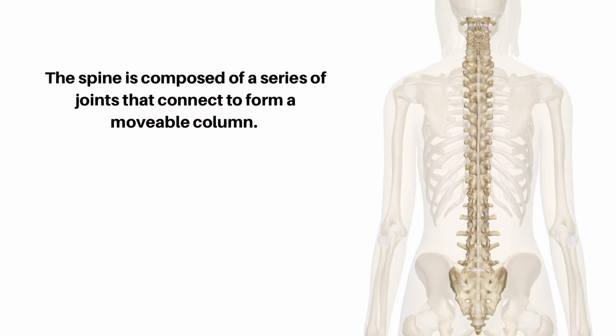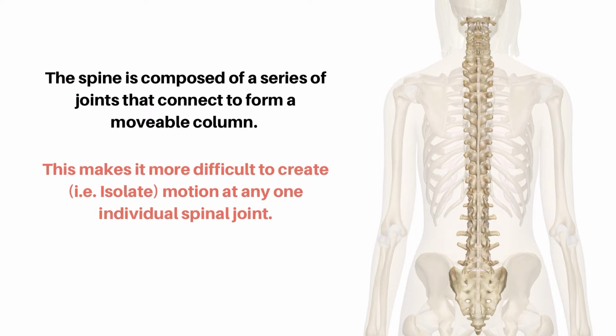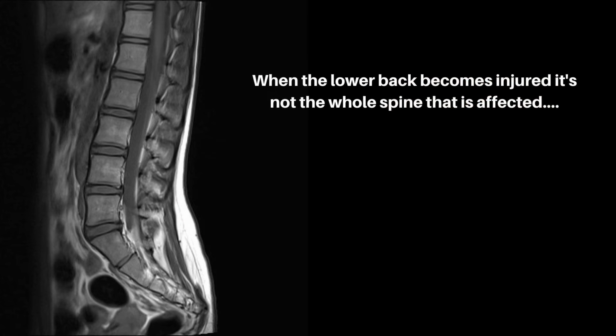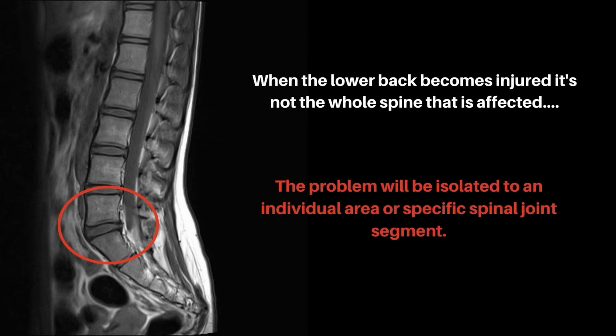The spine is actually composed of a series of joints that connect to form a movable column. And when the lower back becomes injured, we wouldn't expect all the joints to be injured. We would expect the problem to be isolated to an individual area or a specific spinal joint segment. Now, just as I said, it's important to get the injured area moving again as soon as possible to control pain and healing.